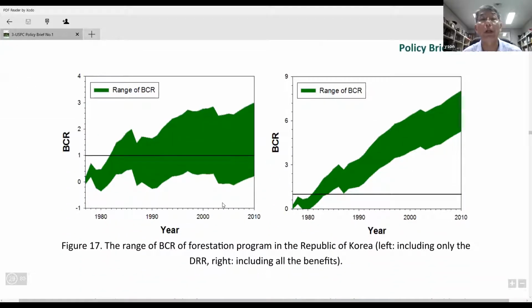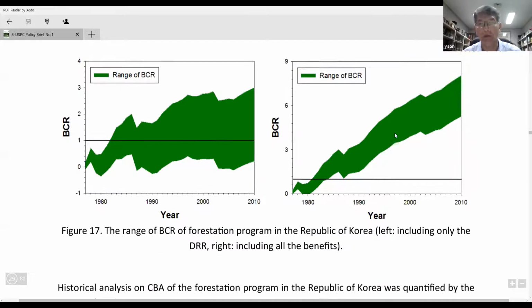These figures again show BCR, benefit to cost ratio, when we use only DRR, but the right hand side shows BCR with other ecosystem benefits together. So the scale is much higher, so it is more economically viable when you include other benefits.